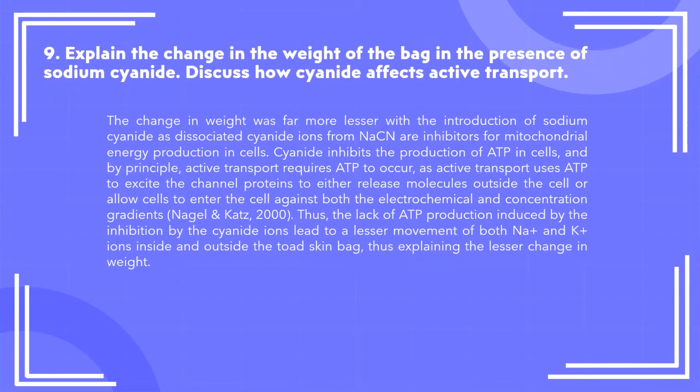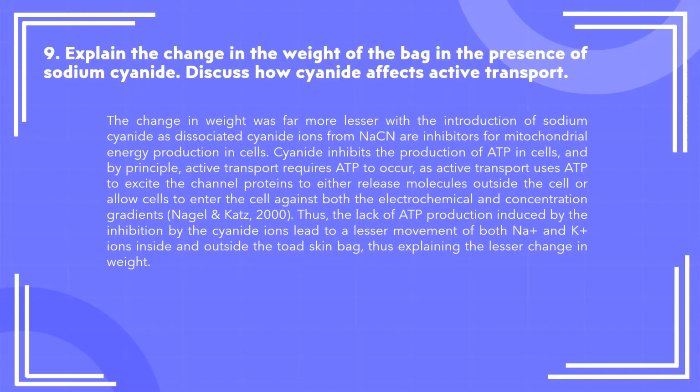Explain the change in the weight of the bag in the presence of sodium cyanide and discuss how cyanide affects active transport. The changes in weight were far lesser with the introduction of sodium cyanide, as dissociated cyanide ions from NaCN are inhibitors of mitochondrial energy production in cells. Cyanide inhibits the production of ATP in cells, and by principle, active transport requires ATP to occur.